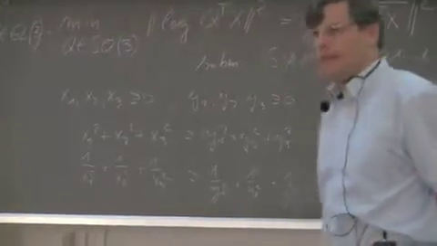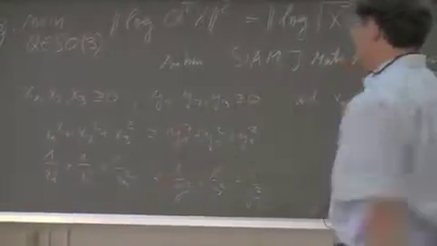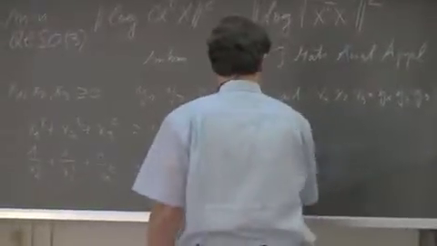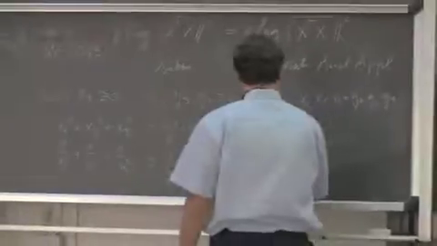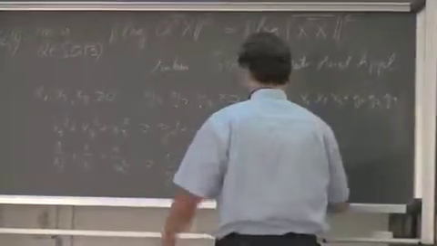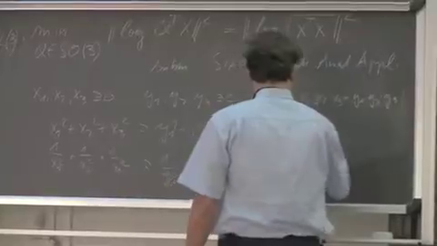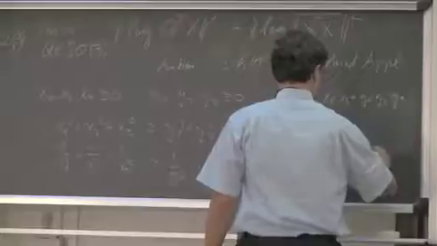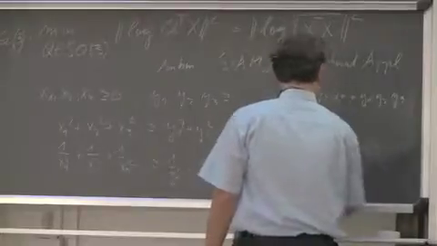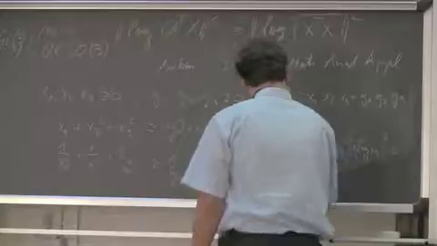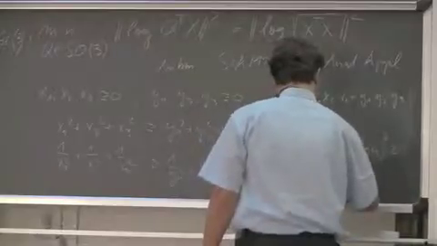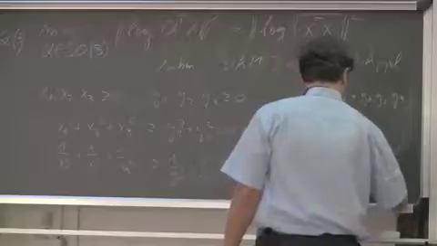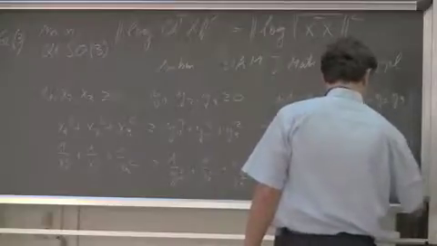This is the assumption on x and y, and everything here implies, which is really unexpected, that the logarithm of x1 squared plus the logarithm of x2 squared plus the logarithm of x3 squared is bigger than the logarithm of y1 squared plus the logarithm of y2 squared plus the logarithm of y3 squared.